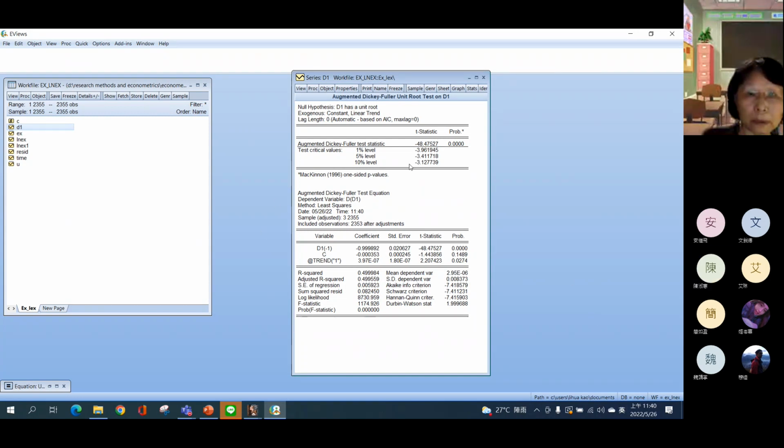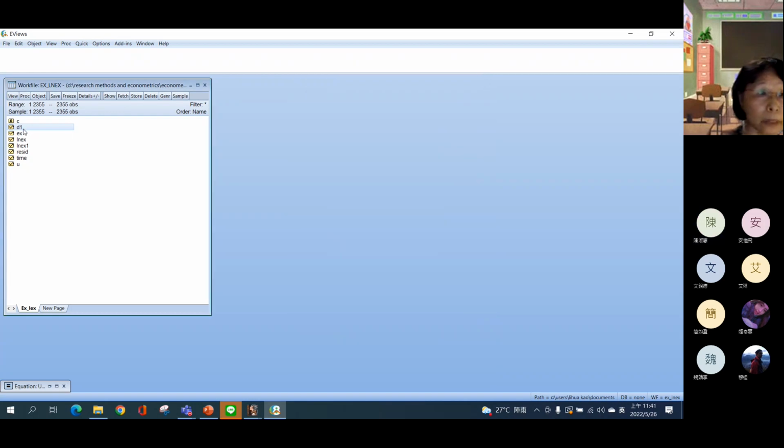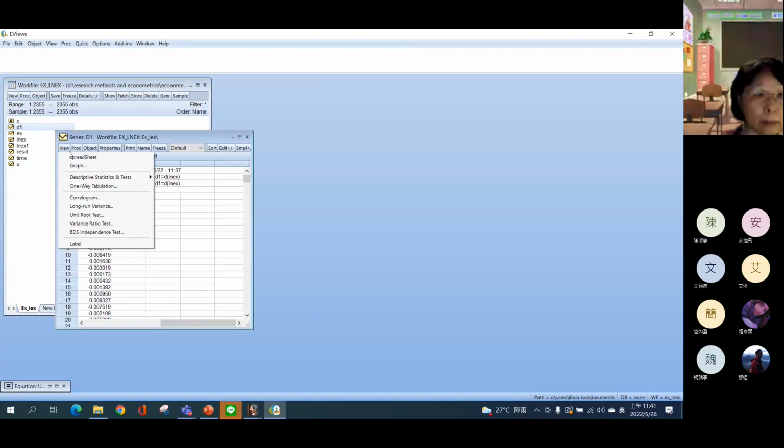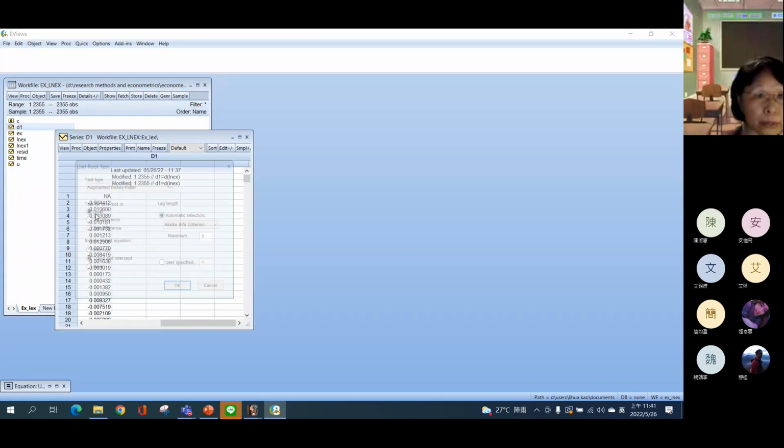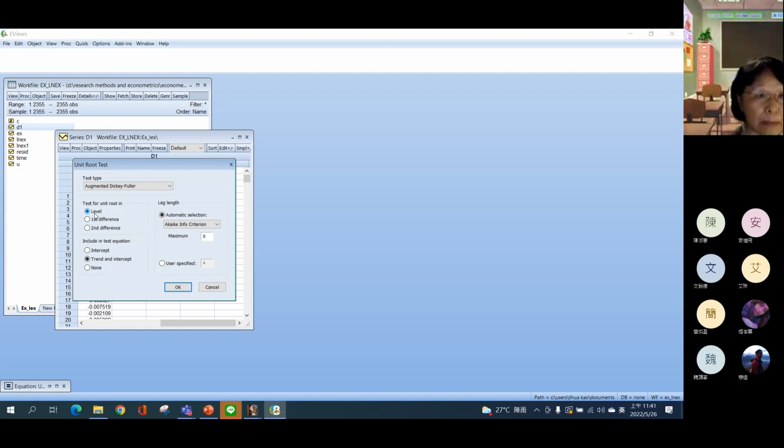Excuse me, Professor. Can we choose the first differences here? I think the previous one chose the first differences. No. For this one, the definition of D1 is the first difference, right? Then, if I want to do the unit root test, I'm still using levels.